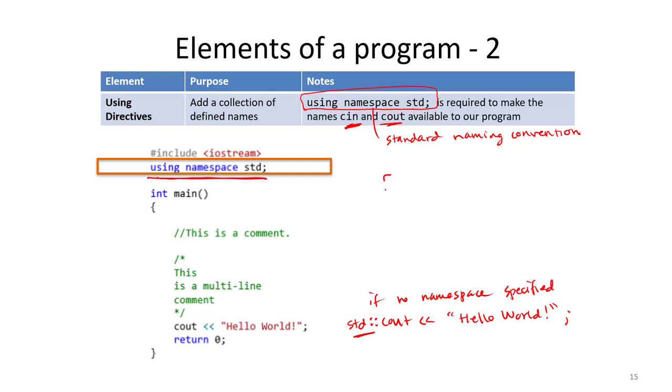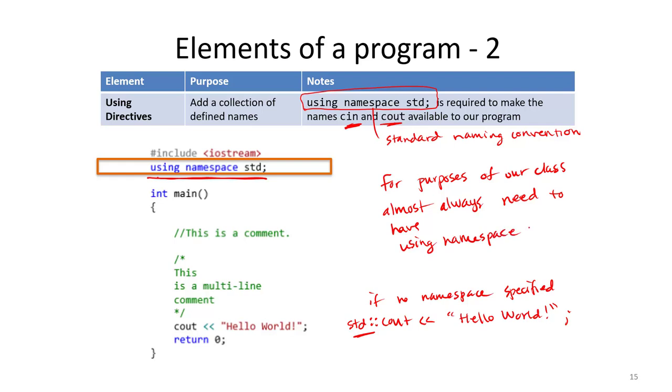But for the purposes of our class, we almost always need to have using namespace std in our program. So for now, for all those simple programs you're writing, always include that line. As you get more advanced, you may use other namespaces.